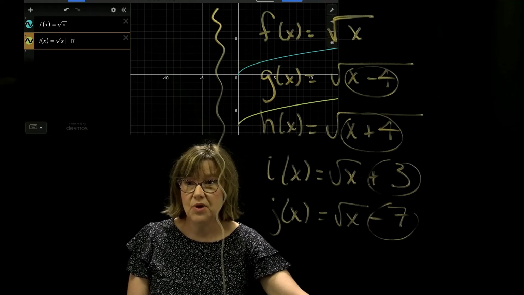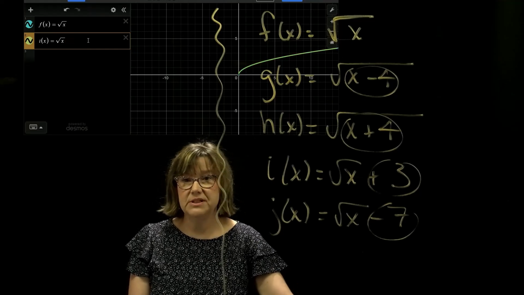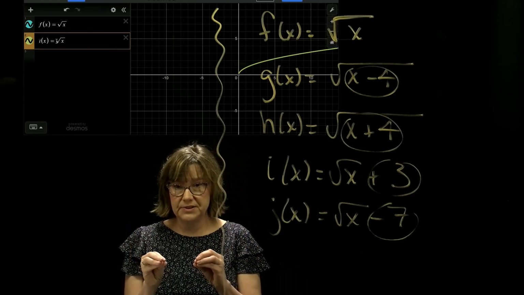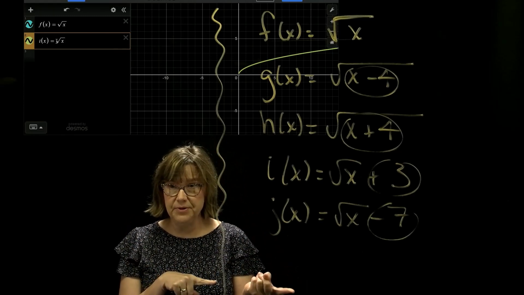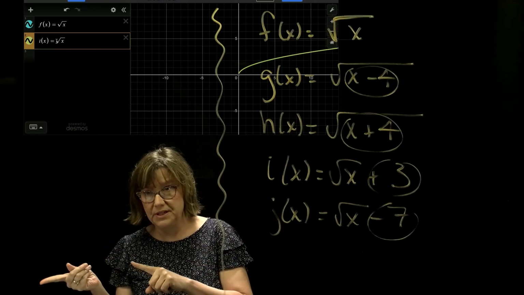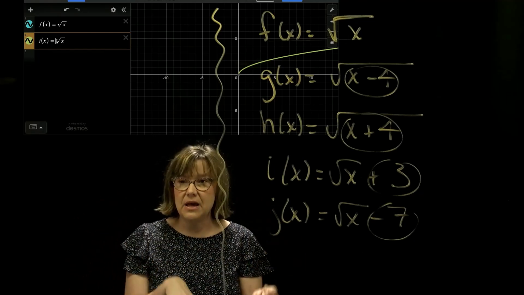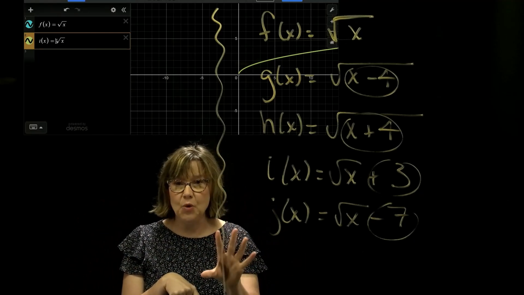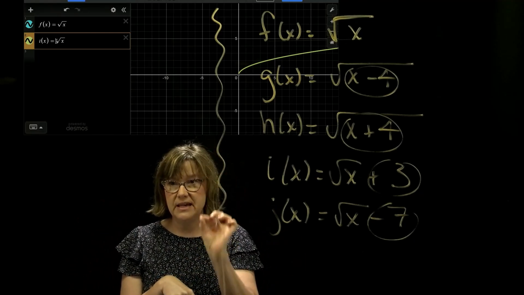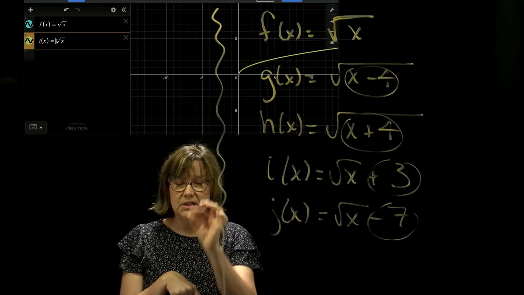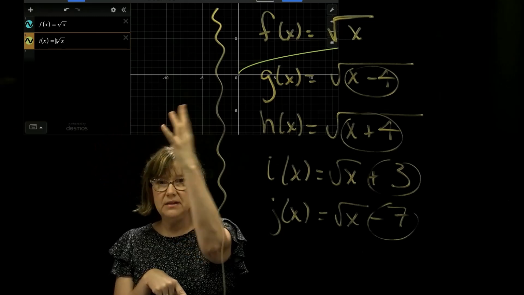All right, so what else can I do with this? Let's think about what is going to happen if I put a negative in front. Is it going to impact input or is it going to impact output? Well, I would square root my x first, order of operations, then I would make it negative. So my output is becoming negative. What do you think that's going to do on the graph? Is it going to reflect this way?